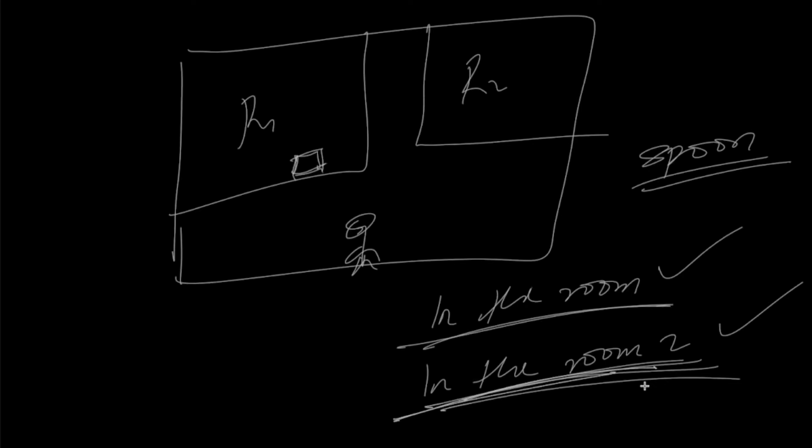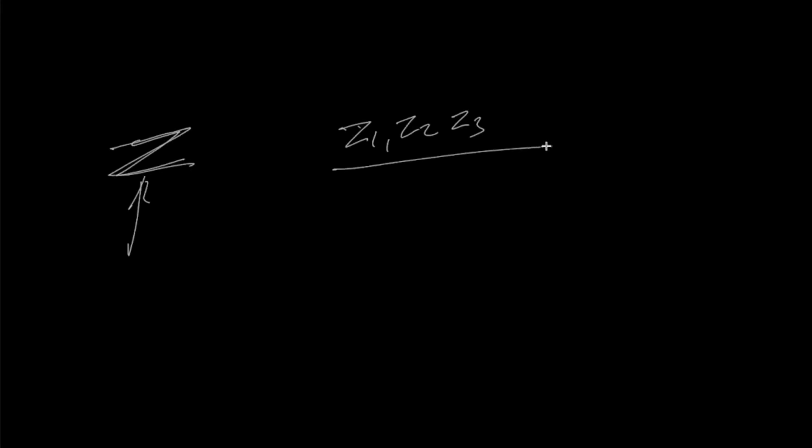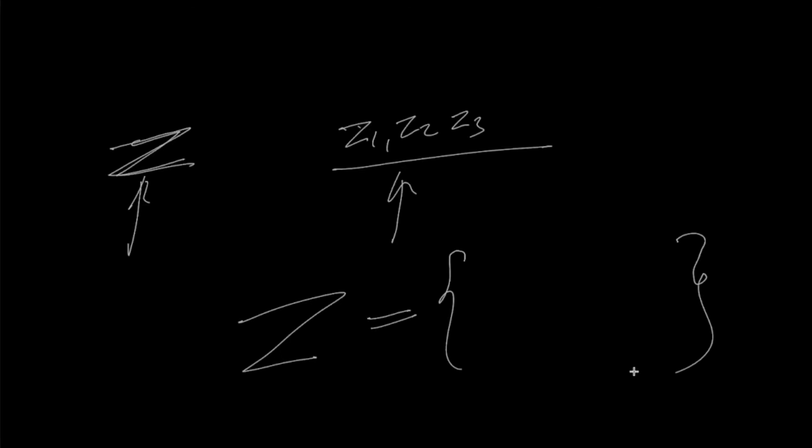Assume that this is set Z, and this Z has elements Z1, Z2, Z3. This set is denoted by a capital letter. The collection is defined by small letters. Therefore, we can say Z is equal to, using curly brackets, not curved brackets, not square brackets, curly brackets.